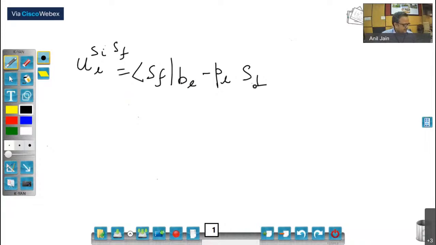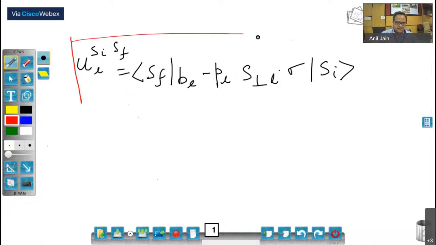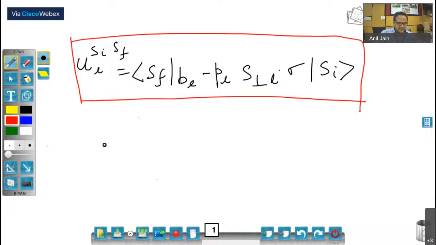S perp is telling us that we are sensitive only to the component of the moment which is perpendicular to Q, and this is dotted with sigma, where sigma is the Pauli spin matrix, and Si. So this is the factor, and bL here is the nuclear coherent scattering amplitude.